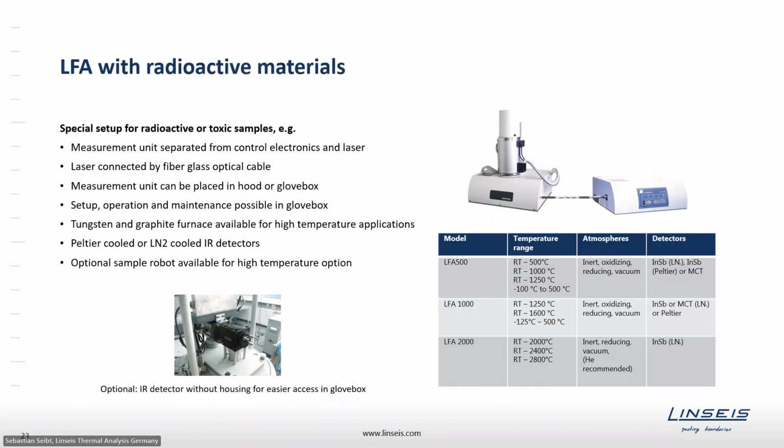And now we can go to the next slide, which just summarizes the possibilities we have in modifying the system to be able to resist, for example, radioactive samples. So the first step typically is to separate the main unit and the electronics, to keep as little electronics within the main unit as possible. So for example, with the laser unit, one can use a fiberglass optical cable to guide the laser beam towards the sample without having the main unit inside a glove box, for example, or in a hood.